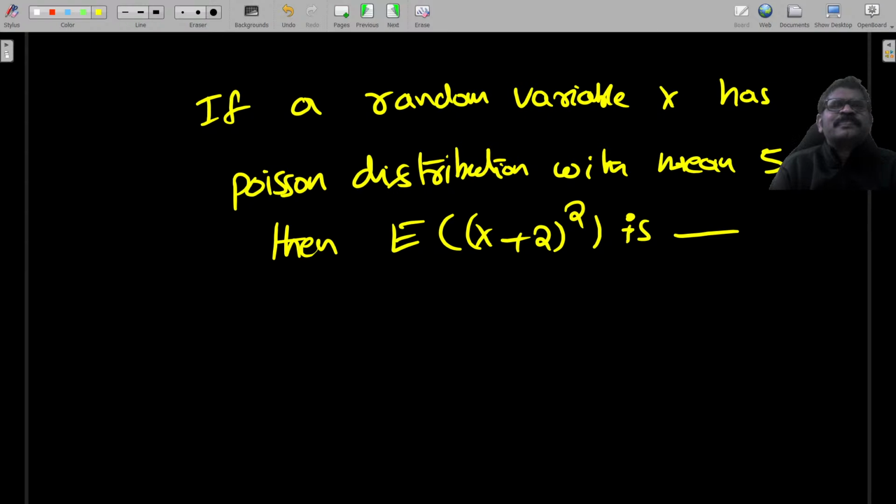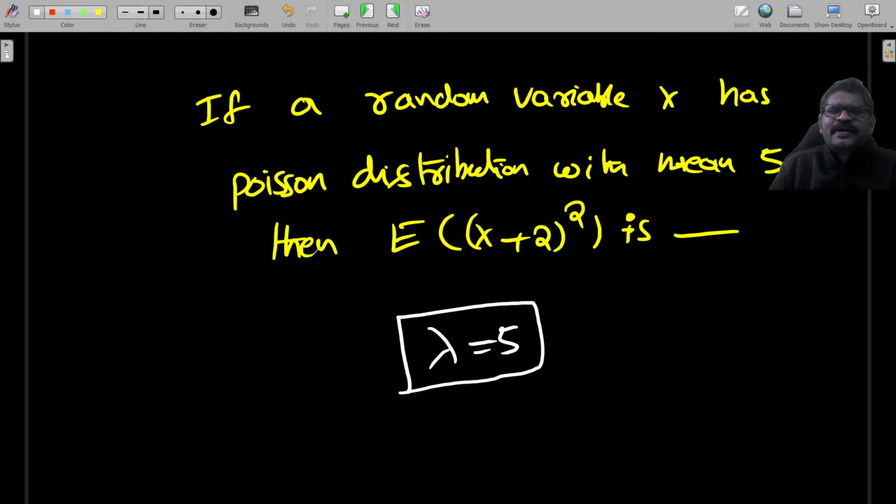So in this problem, lambda is 5, that is given in the data. We have to find the expected value of x plus 2 whole square.